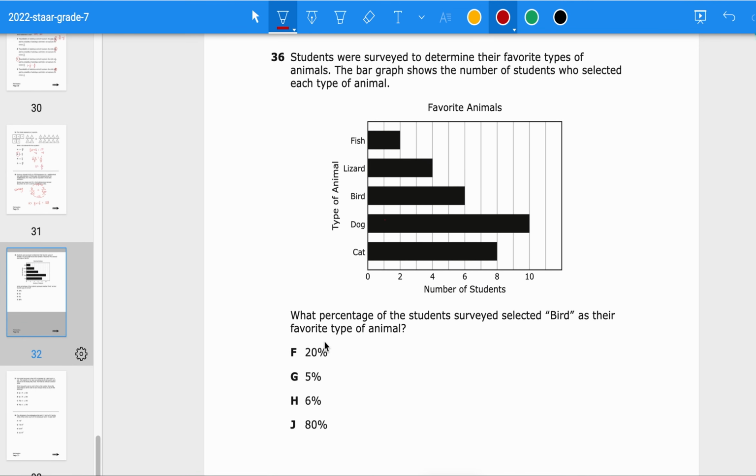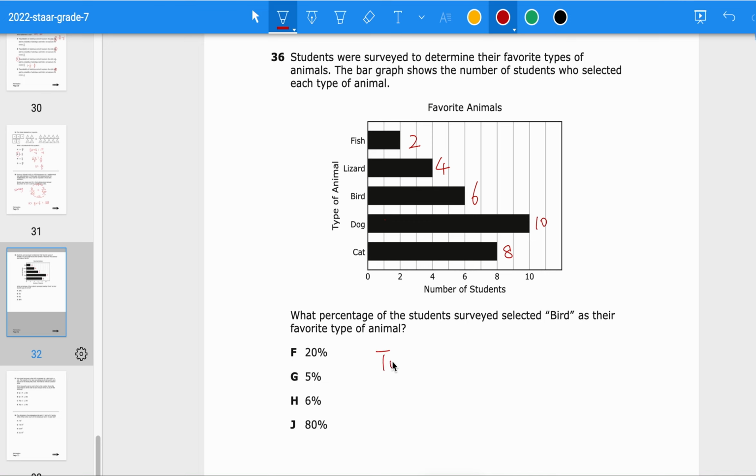We need to find the percentage of the students surveyed who selected bird as their favorite type of animal. So let's see how many students chose each animal. For fish, we have 2. For lizard, we have 4. For bird, we have 6. For dog, we have 10. For cat, we have 8.